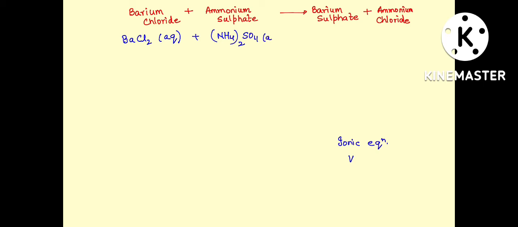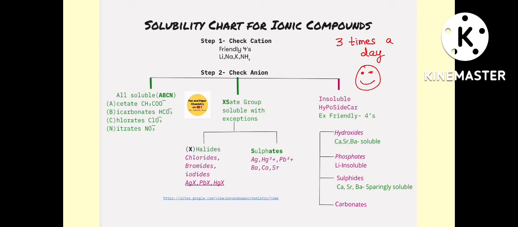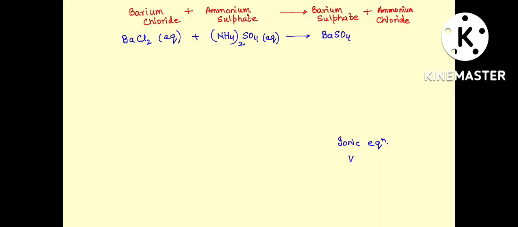Because this is soluble in water, right? Now this is where the chart is coming in handy and useful. What about barium sulfate? Look at the sulfates over here. Where do you see sulfates on the chart? Is barium sulfate soluble? No, it is not soluble. So that means it's a solid, right? So S, and then ammonium chloride. Now again, salts of ammonium are soluble. So I'm going to put an aqueous over here.